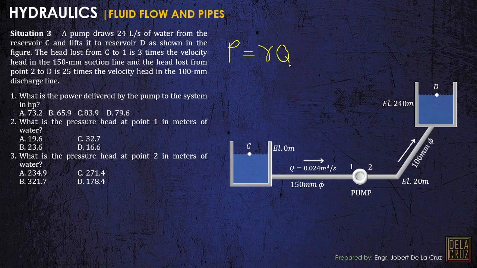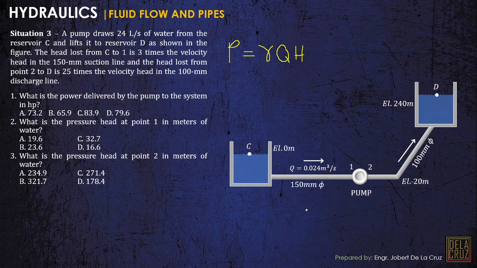Ito yung weight flow, but i-multiply pa natin siya by the head here. So in this case, this is the head added. Pwede rin, i-generalize natin H, but pwede rin siyang head extracted by the turbine. No? It's up to what machine we are using. Dito, this is a pump, so head added dyan.